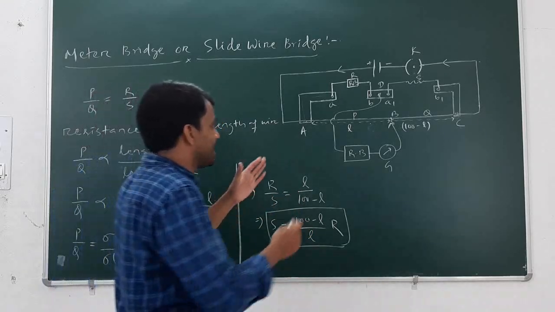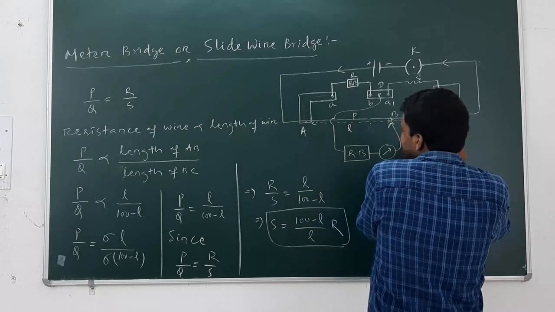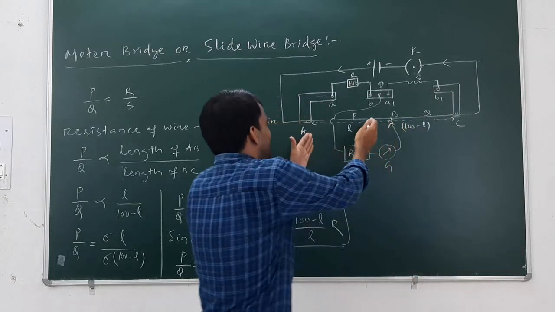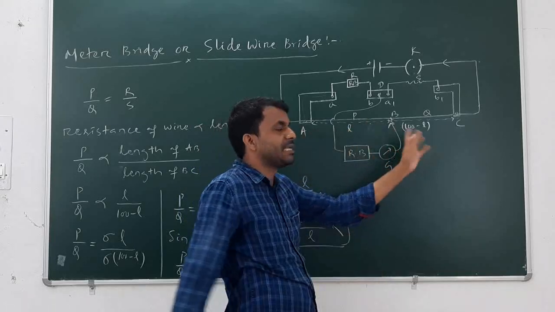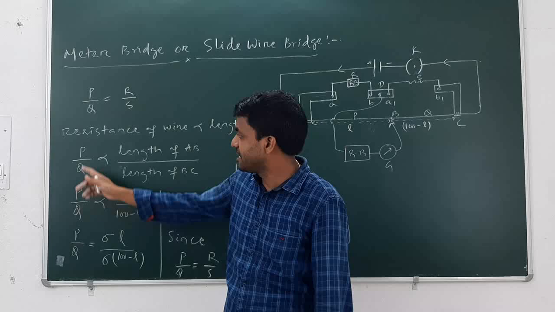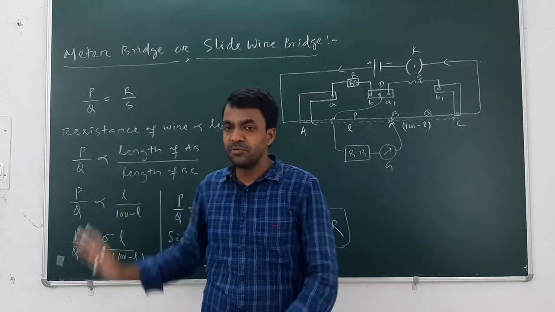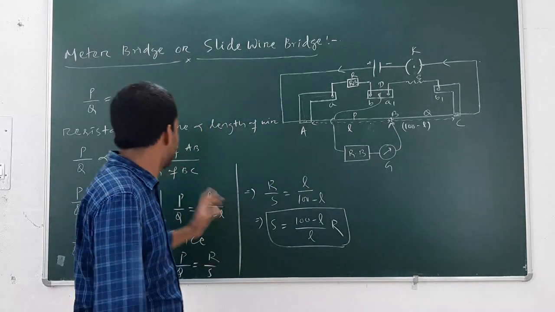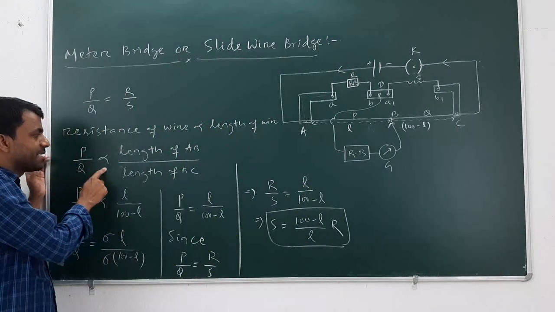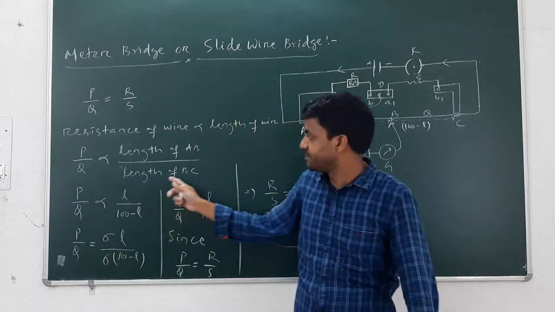Now the resistance of AP divided by the resistance of BC is directly proportional to the length of AP by the length of BC. What is the resistance of AP? That is P. What is the resistance of BC? That is Q. Therefore P by Q is directly proportional to the length of AP and the length of BC.